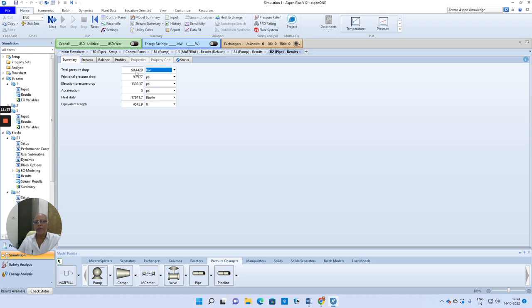So out of this 90 bar, 9.33, yes, if you try to put it. So the frictional pressure drop is quite small, whereas the elevational pressure drop is quite high in this problem because the elevation itself is about 3000 feet. So the head lost due to friction is only small compared to the head lost due to the elevation or the potential energy. So you can probably look at this.